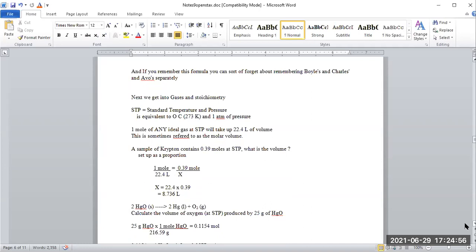Either way, you should get the same answer. If 1 mole is 22.4, 0.39 is something. Well, okay, it's less than 1 mole. So I have a level of predictability again. I am expecting a number less than 22.4. Finish out my math there, do 22.4 times 0.39, and that will give me 8.736 liters.